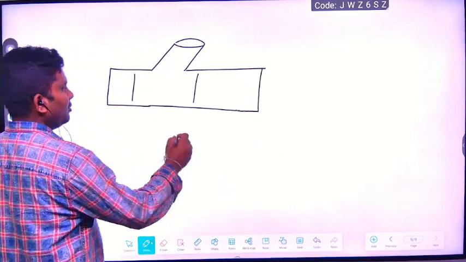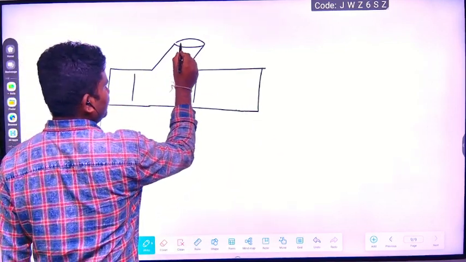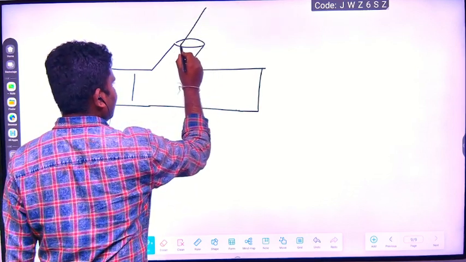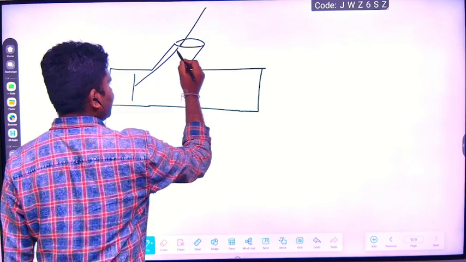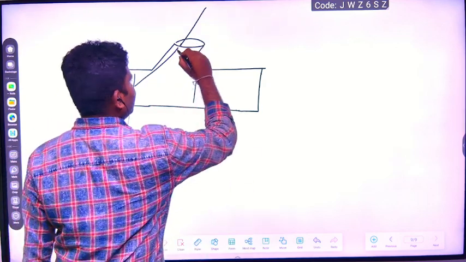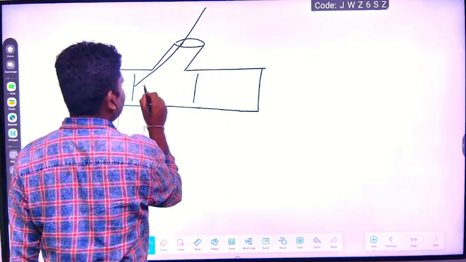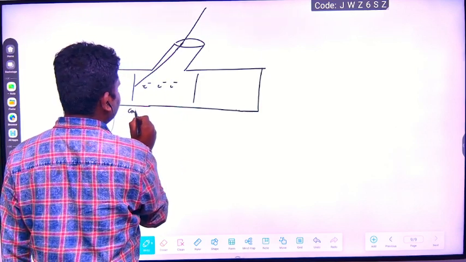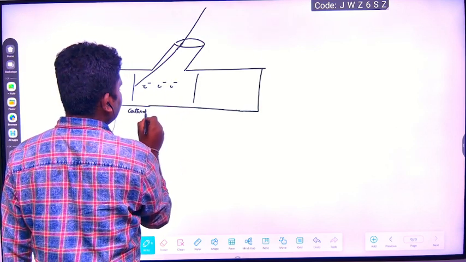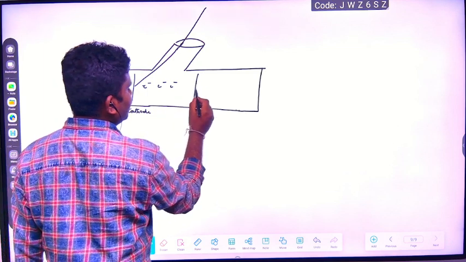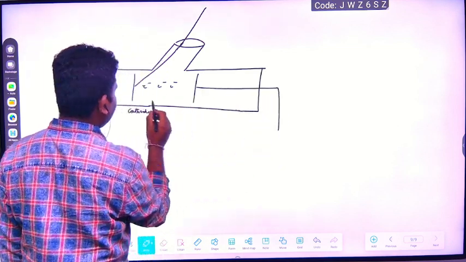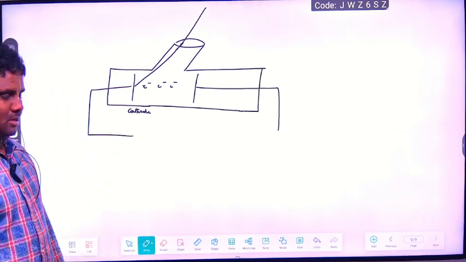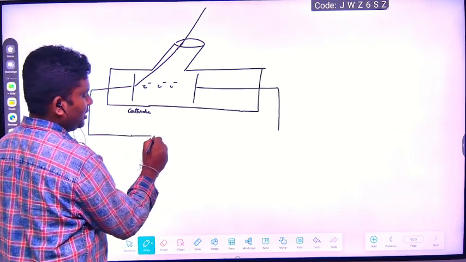Light rays fall on the surface, and electrons will come out from the emitter plate, the cathode, and they will be attracted towards the collector plate, the anode. Both are connected with a compiler.